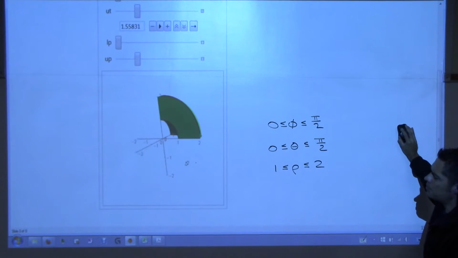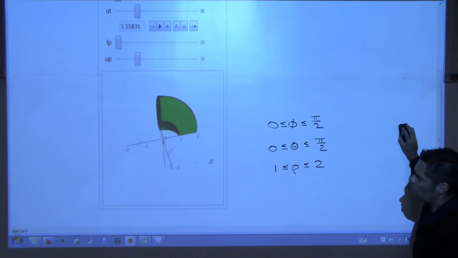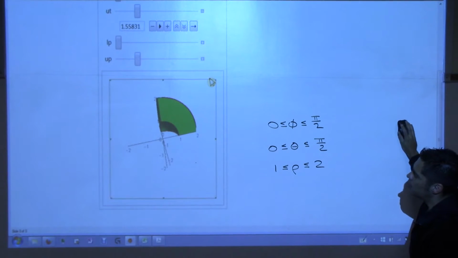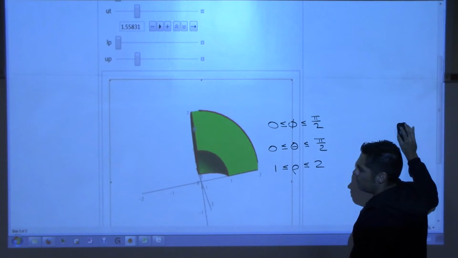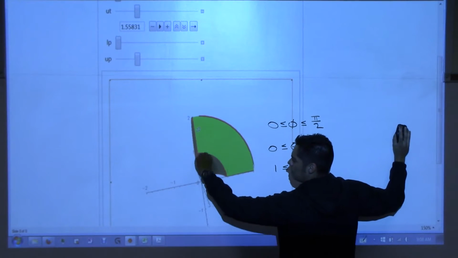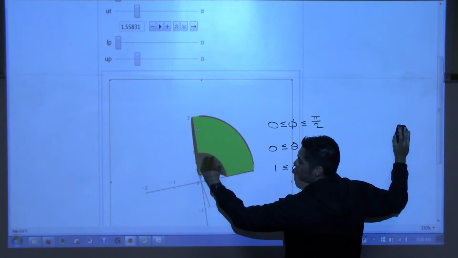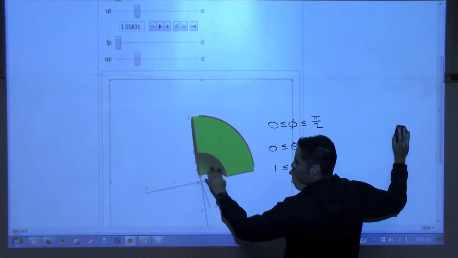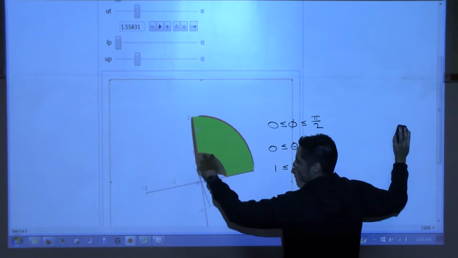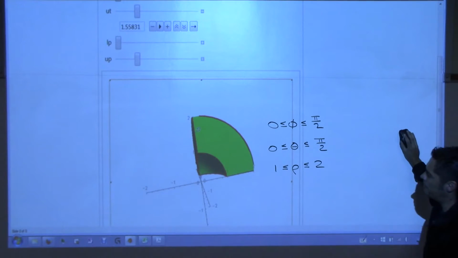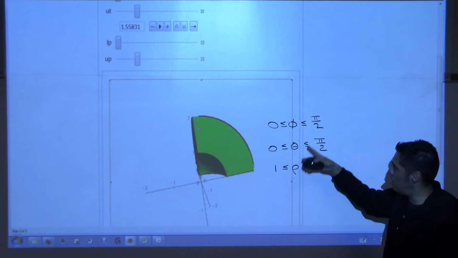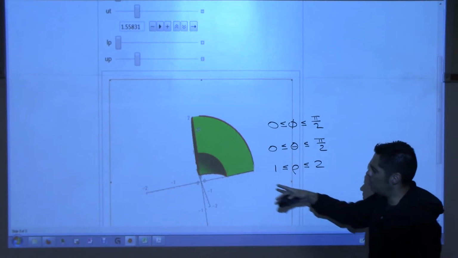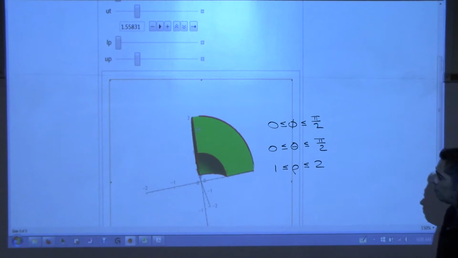So look what happened here. It's like we carved out this region inside, right? We scooped out a portion of a ball in the first octant that had a radius of 1. So that's what these restrictions on phi, theta, and rho would give us, that spherical region.